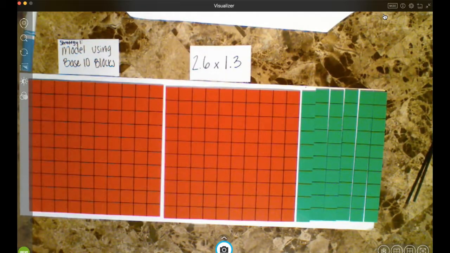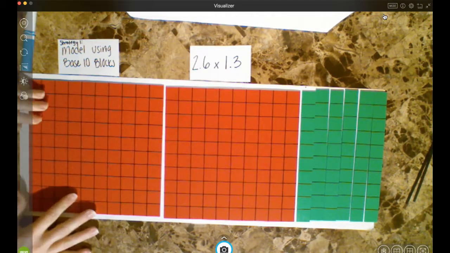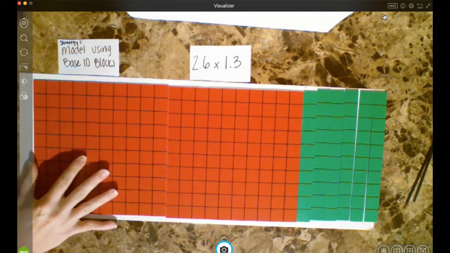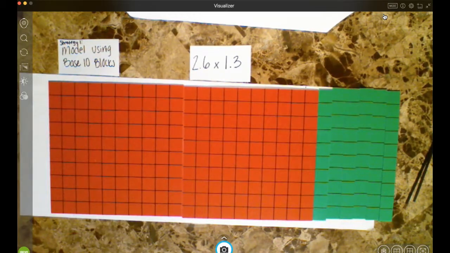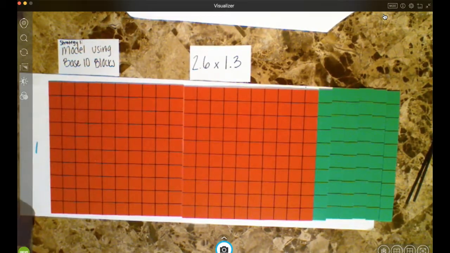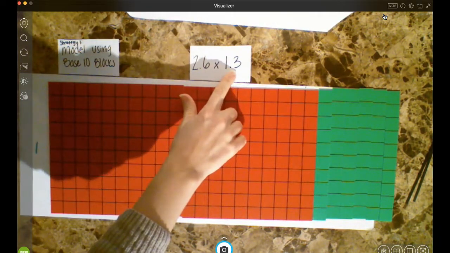So now I'm going to go the other way, and I'm going to model 1.3 going in the other direction. Well, this one right here already represents one whole. So now all I really have to do is represent 3/10.